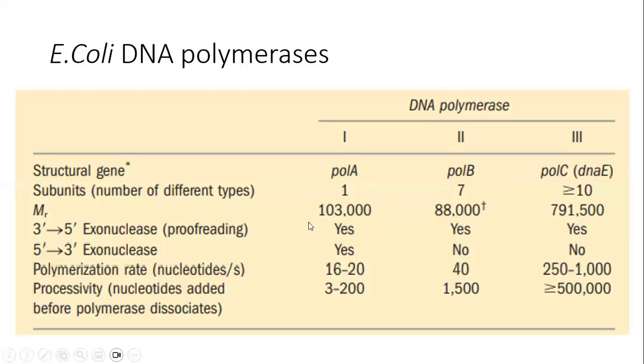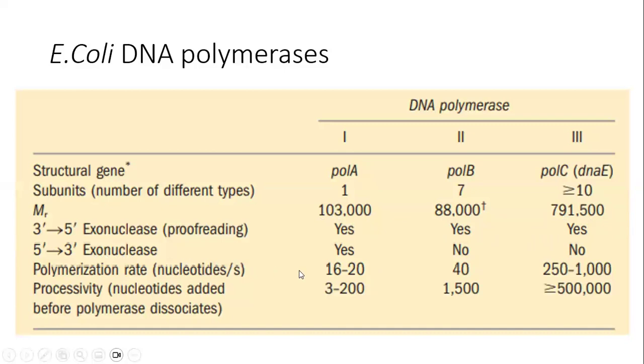They have a molecular weight of about 103,000, 88,000, and 791,000 Daltons, respectively. The proofreading activity is present in all the three enzymes, while the 5' to 3' exonuclease activity is only present in DNA polymerase 1, which is actually an enzyme that is involved in the DNA repair process.